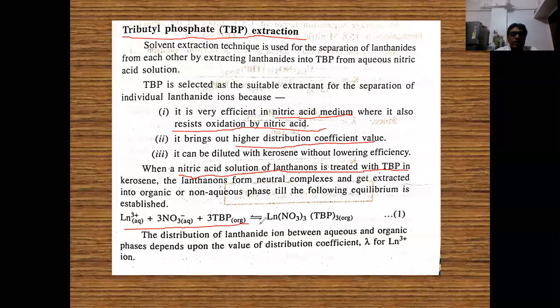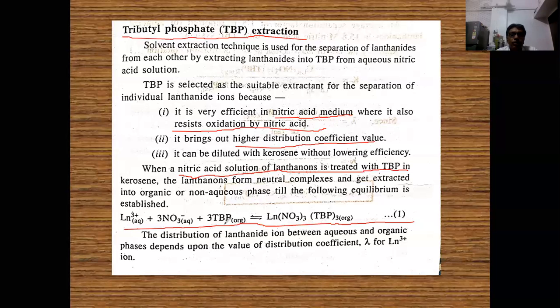So let us discuss this equilibrium process, which is equation 1, or reaction 1. The nitric acid solution of lanthanum ions is in the aqueous phase. TBP is an organic solvent, so it is in the organic phase.